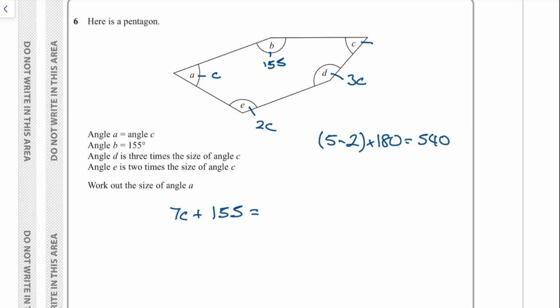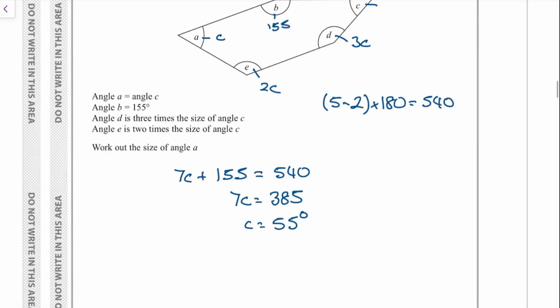So these two things must be equal, which means 7C plus 155 is equal to 540, so 7C is equal to, now be careful, 540 take away 155, which is 385. So C is equal to 385 divided by 7, which is 55 degrees. And then I'm just going to make it clear what I'm doing, although it doesn't say give reasons, that A equals C, which equals 55 degrees. Happy with that question. Next question.